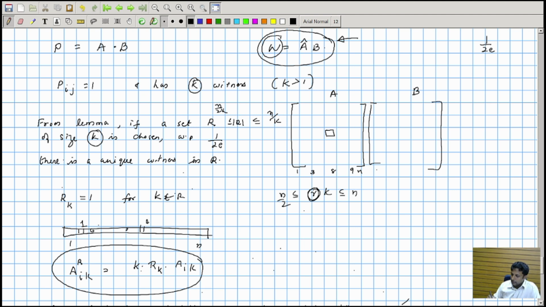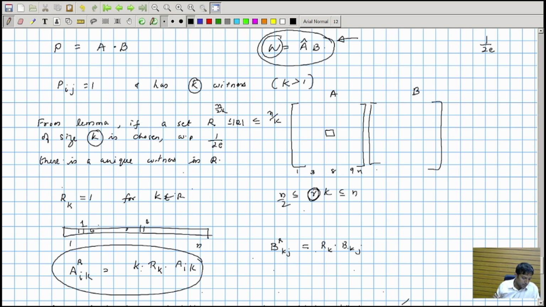You can check that, suppose we define another matrix BR, which chooses the corresponding rows in B. So B_kj will be equal to R_k times B_kj.